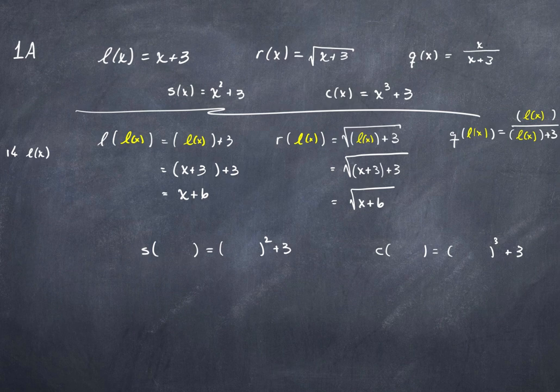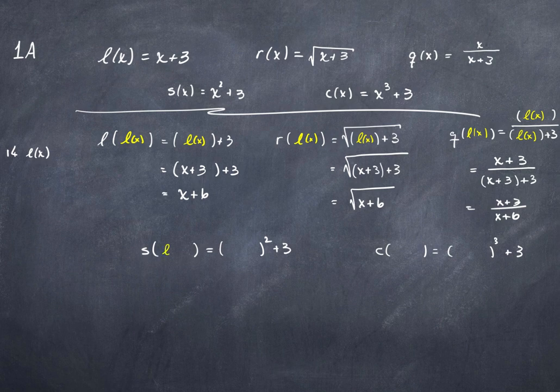Take a minute, pause the video, and work out how to rewrite this using what you know about the function L of x. Well, you know L of x is x plus 3, so you can replace the name L of x with what it is, x plus 3. So we get here x plus 3 over x plus 6.